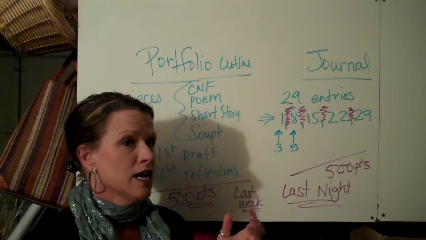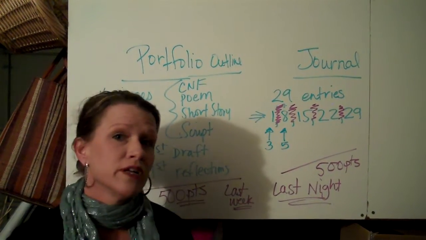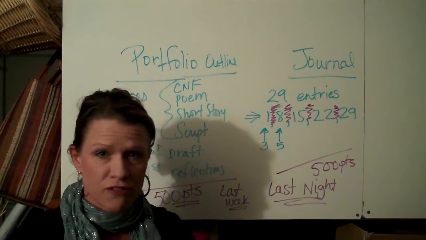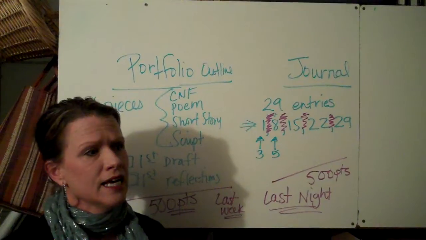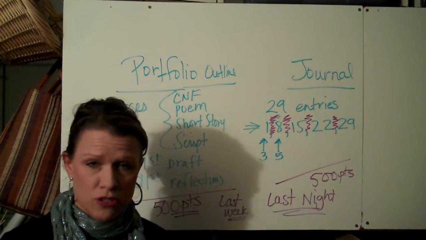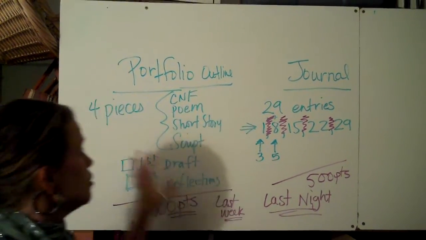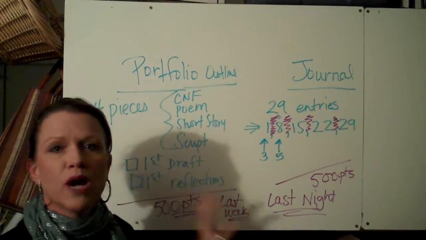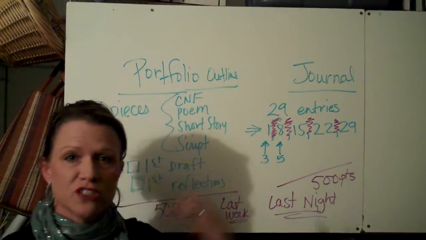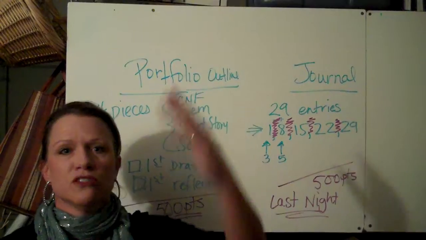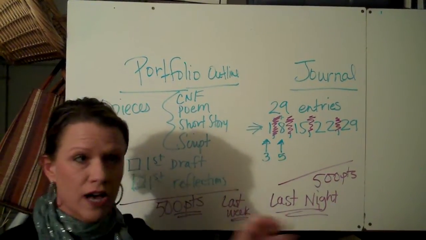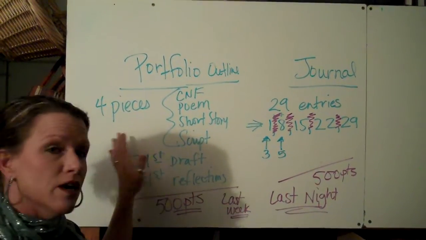Are you talking to me about how you incorporated the feedback from your wife or your husband or your friend? And how are you incorporating that and why you chose to make those decisions? Okay, so the portfolio really is all about writing process, and I want to see from start to finish, from a first draft, reflections, feedback, reflection, all that is what I'm looking for in your portfolio.